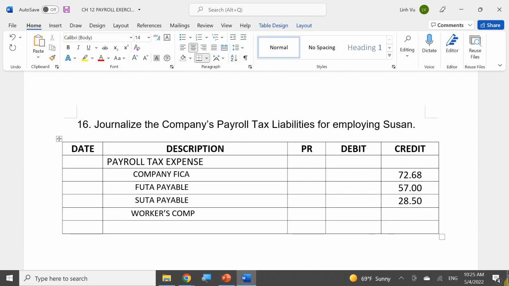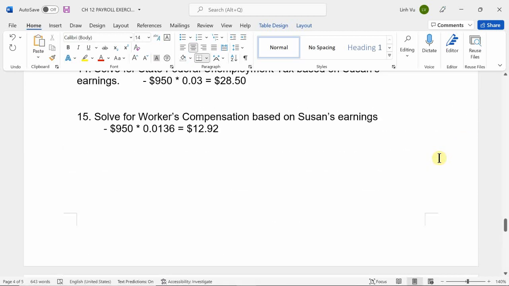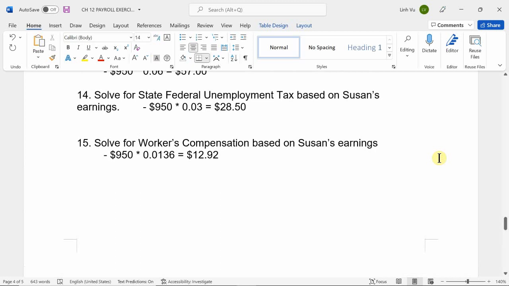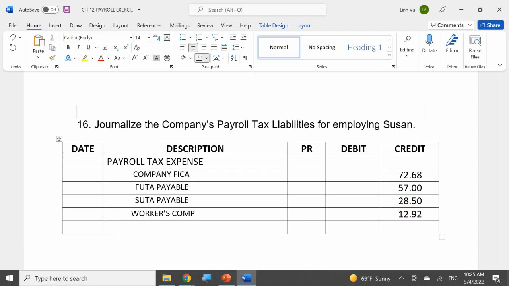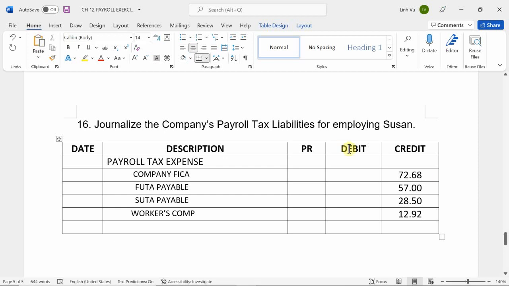And last but not least, how much workers' compensation? 12.92. So in grand total, how much in taxes does the company have to pay? 171.10. Good.